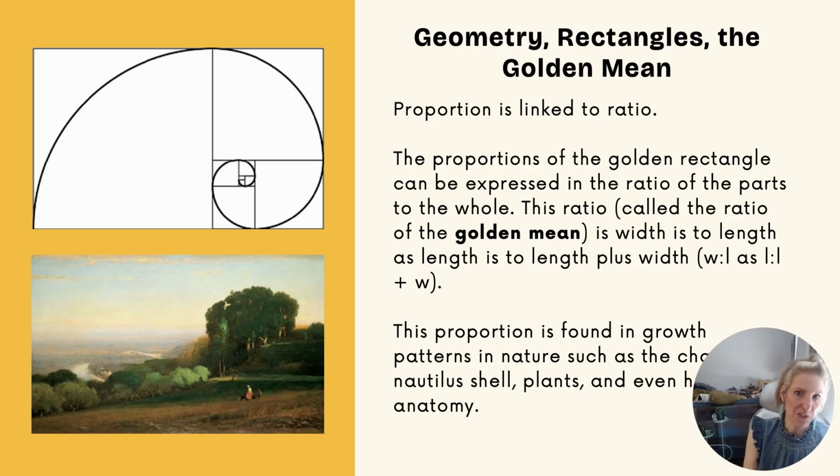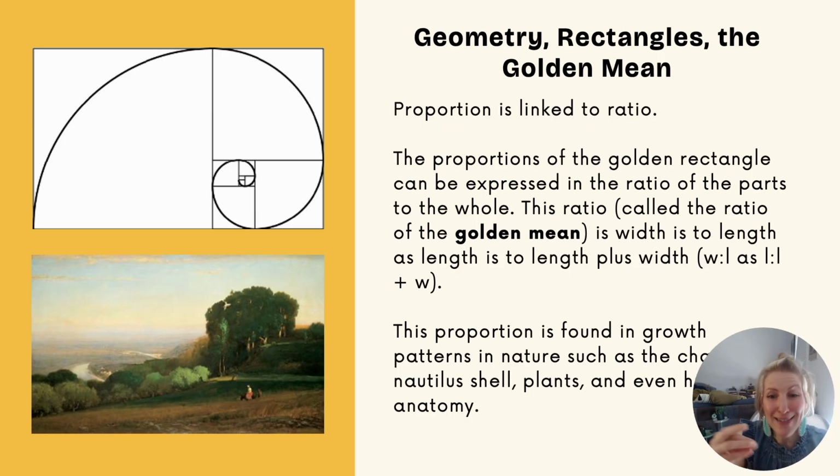Another way of looking at this ratio is calling it the rule of thirds. So as we see on the image on the bottom that's mirrored this golden mean, we could see that the area of focus or emphasis is not placed in the center of the composition. It's moved into the third, right side of the composition.